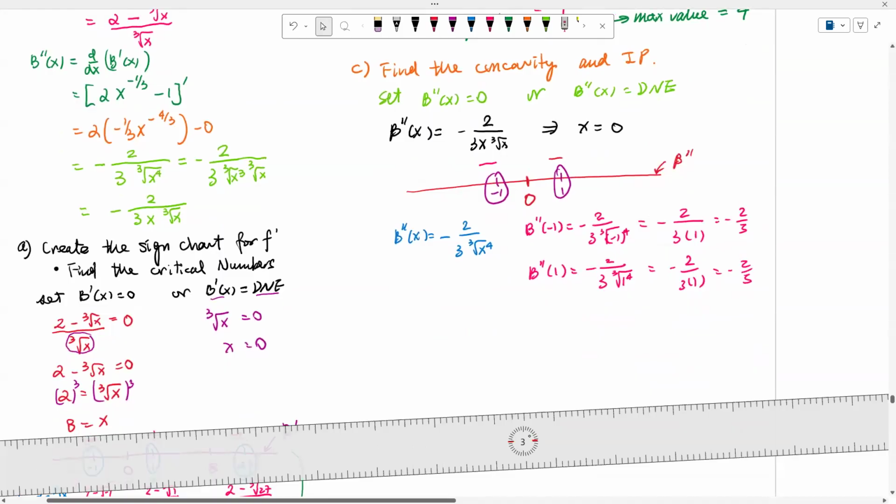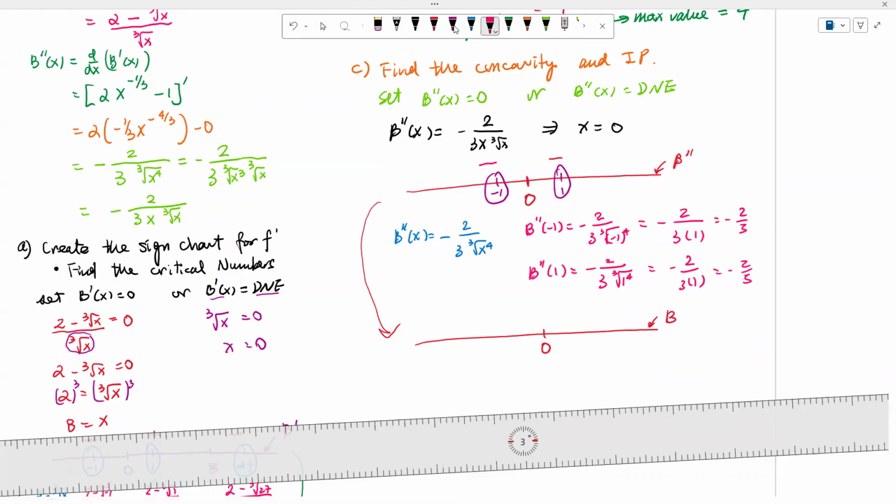then let us translate this to b, meaning I will have concave down and then concave down. Right?